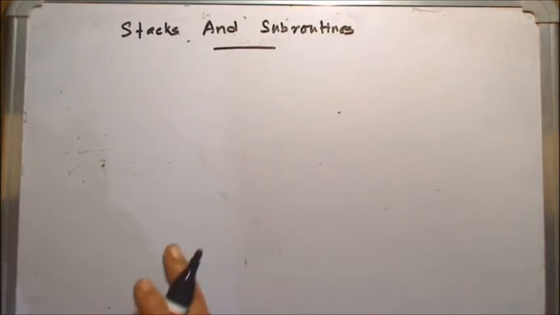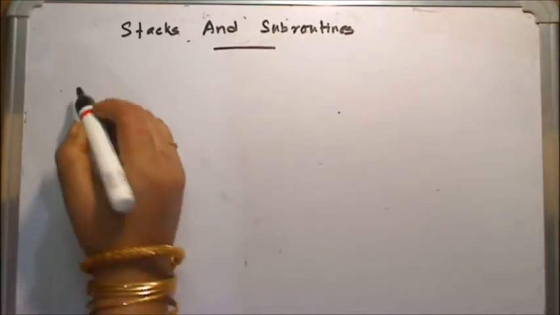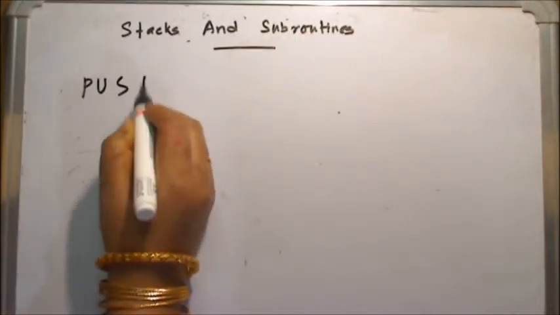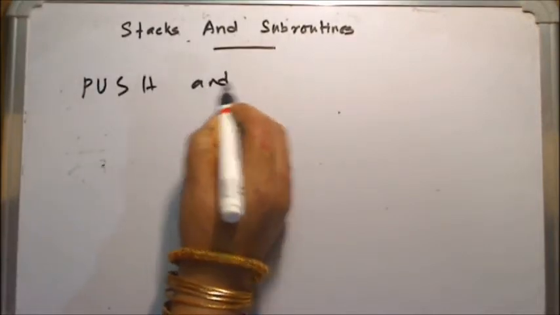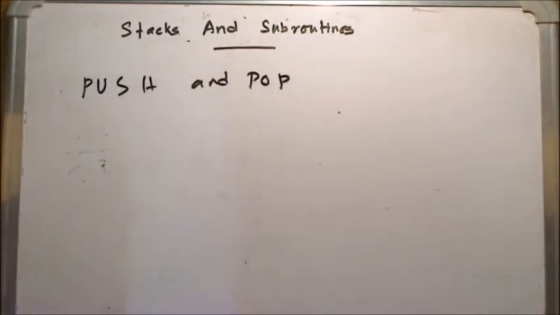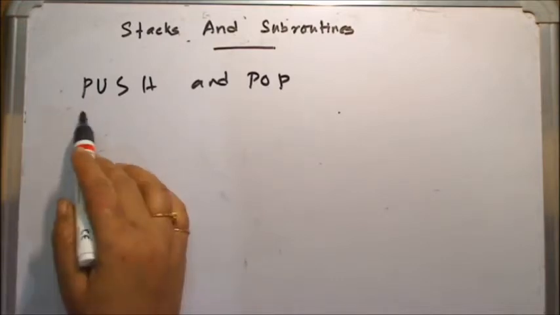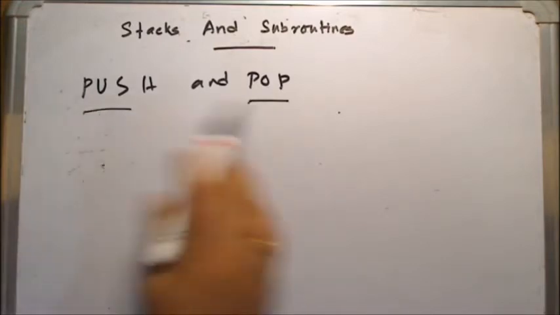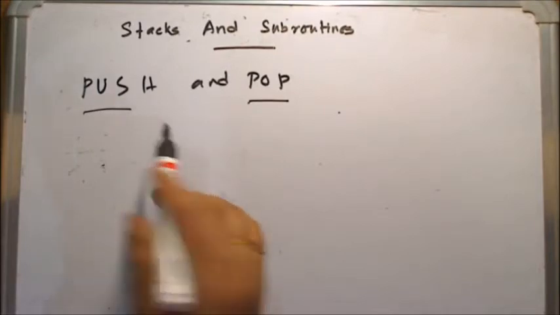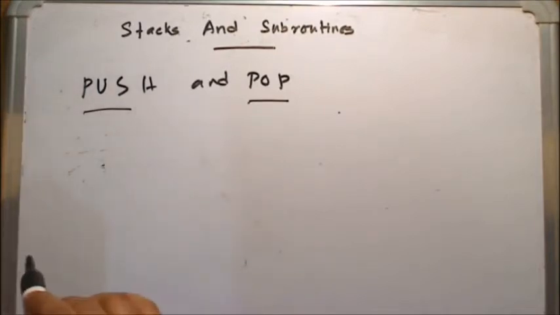So why are we interested in the top of the stack only? Can you tell? Because when you do a push and a pop, I think you remember push and pop, both can happen at the top of the stack. When you do push and pop, these two operations operate on the top of the stack.